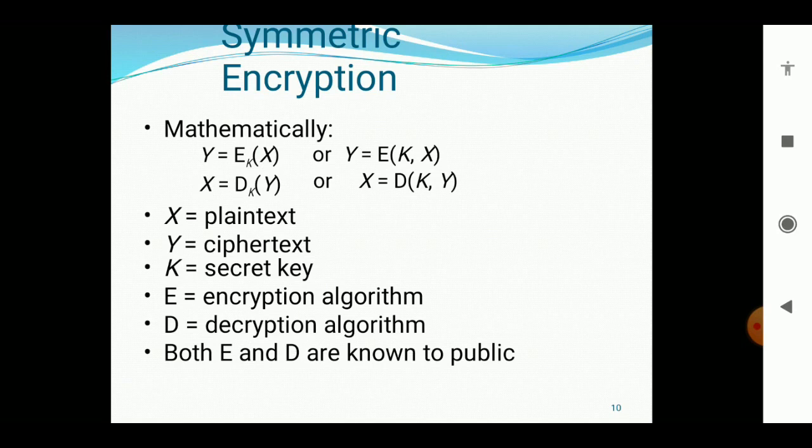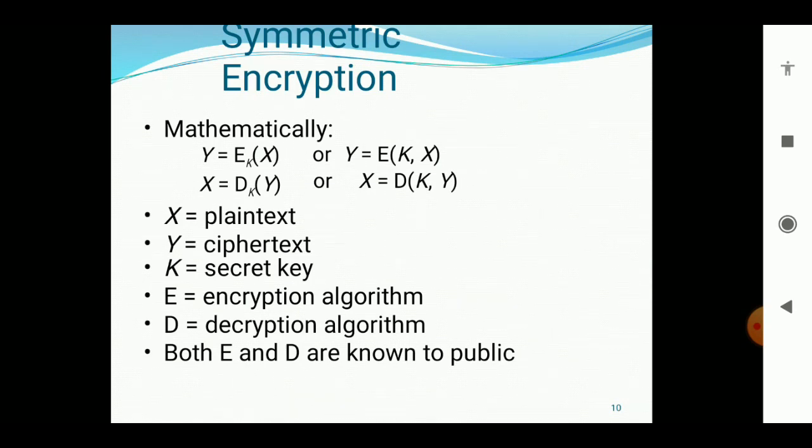When representing symmetric encryption mathematically, X stands for plaintext, Y for ciphertext, K represents the secret key, E represents the encryption algorithm, and D represents the decryption algorithm. Both E and D are known to the public. In this symmetric algorithm, encryption and decryption use the same key.